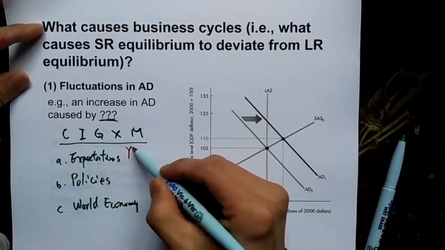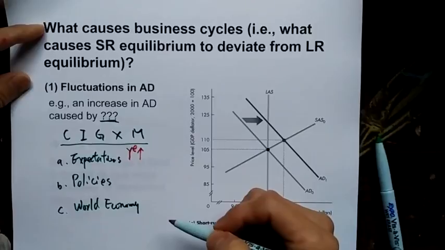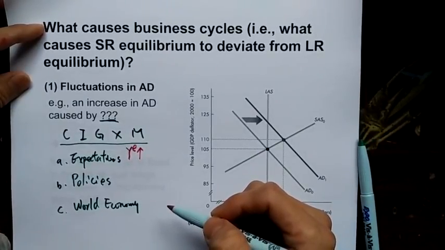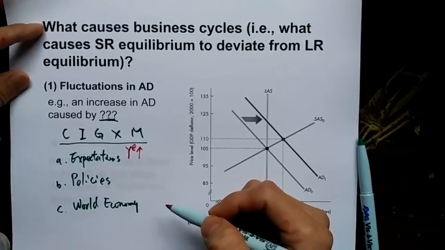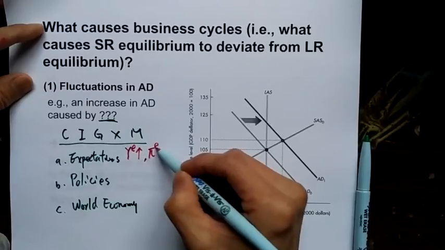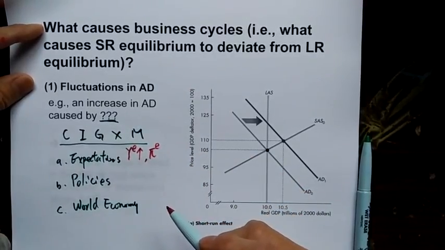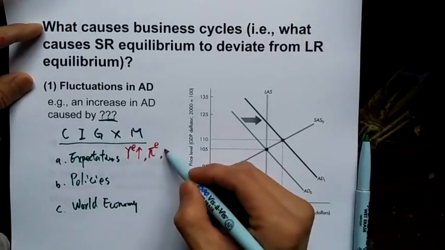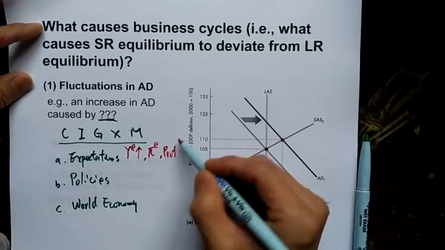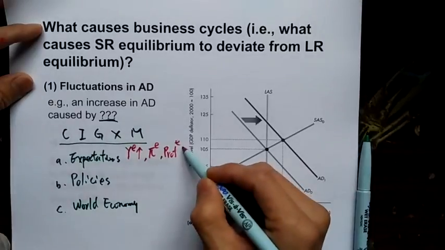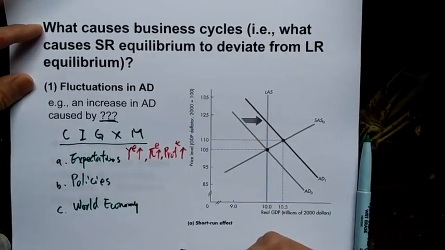If you expect your income to be higher, you expect to be drafted in the next NBA draft, what should you do now? Buy a Hummer. If you expect toilet paper price, expected inflation to be higher, then what do you do now? Buy toilet papers. If Ford expect the profit to be higher, what should they do now? Invest more. Right?